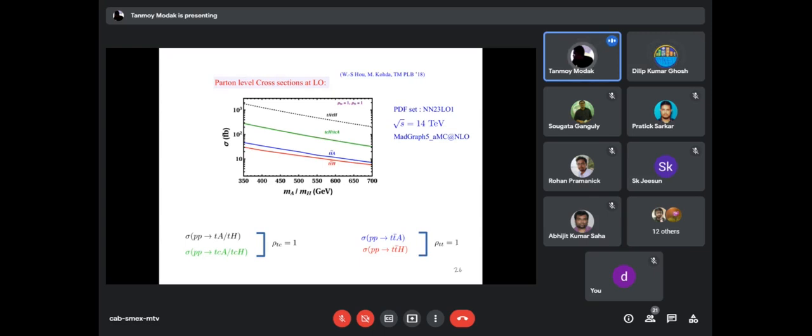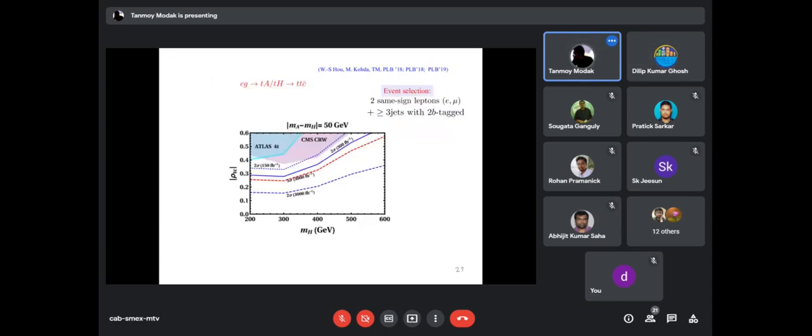Although rho tau mu could be connected with baryogenesis, there are strong limits from tau to mu gamma, so that basically kills this. But today I do not have the slide because I did not directly work on rho tau mu except for one project, and it's mostly constrained, so I did not include that flavor physics. I might have it in a backup slide, but I will probably look at it.